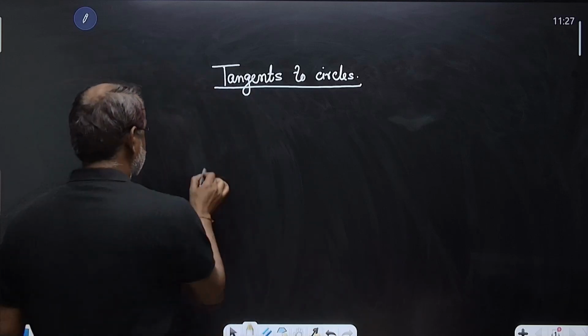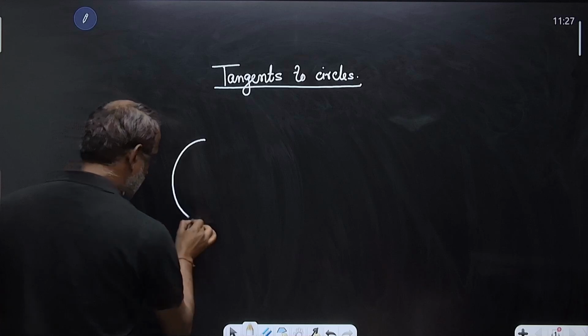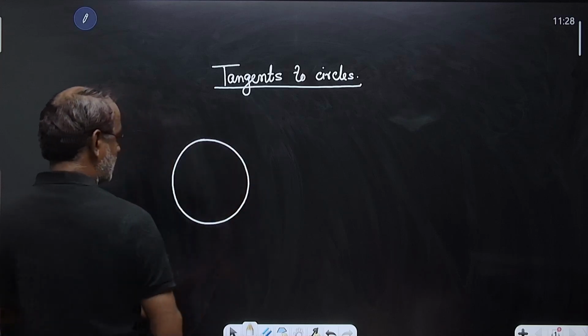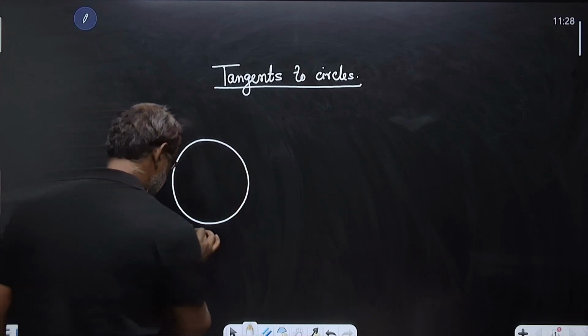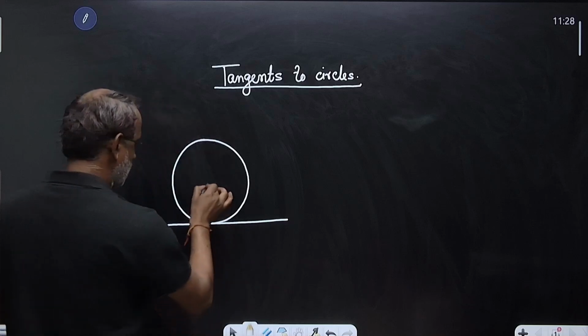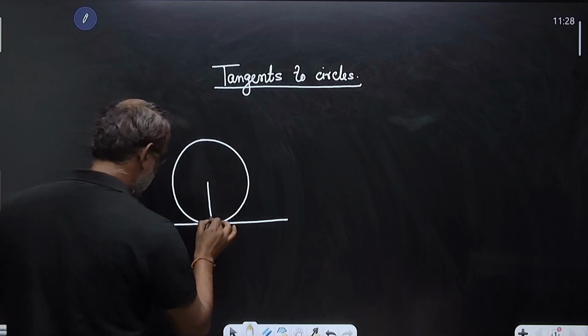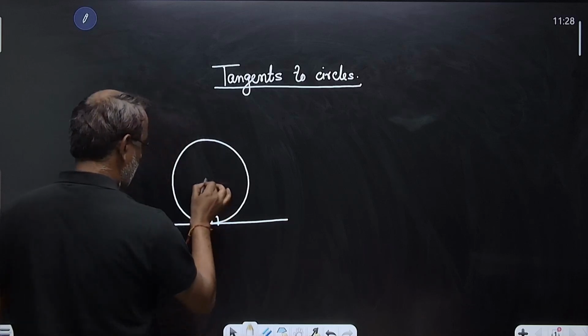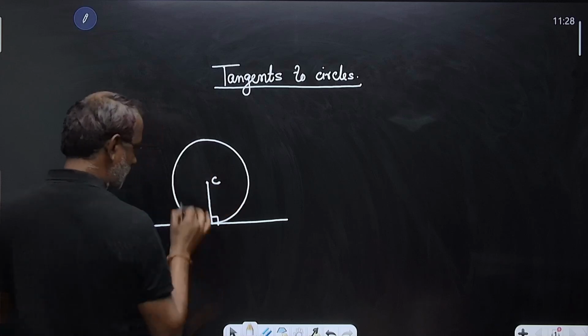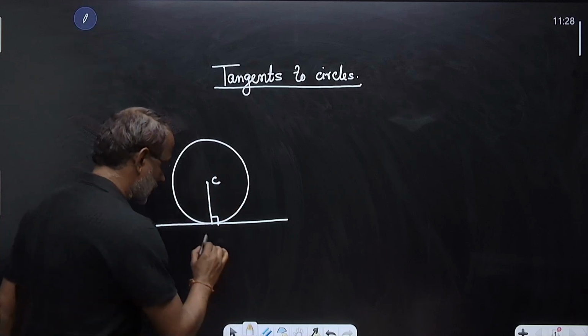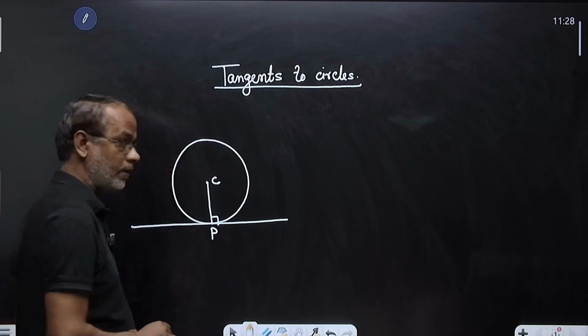So tangents, as we know, the things that we covered in the last lecture were the very elementary notions. Say this is the center, that the radius, and the point of tangency is perpendicular to the tangent.